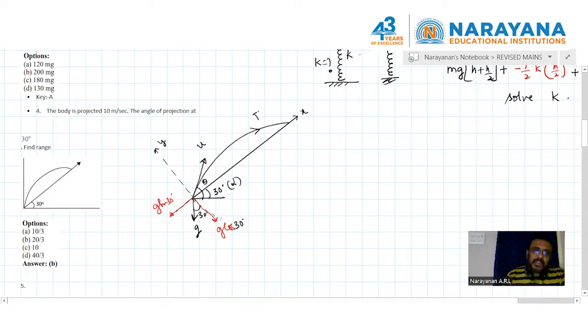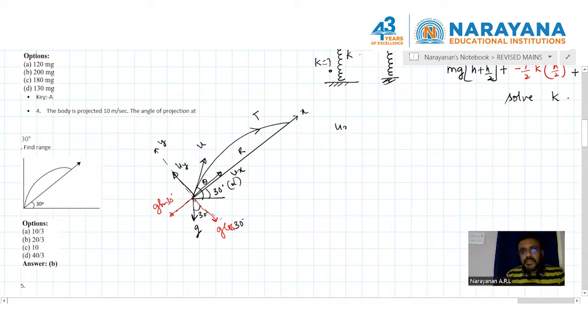Now this is the time of flight t and this is the range R. You can resolve this into components. This is ux, this is uy.